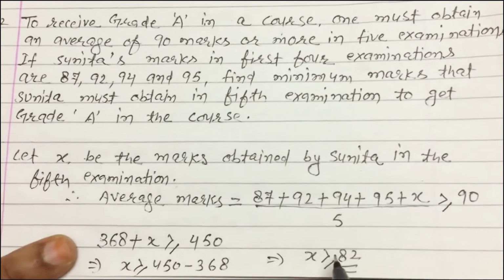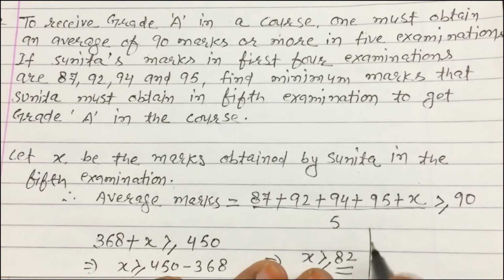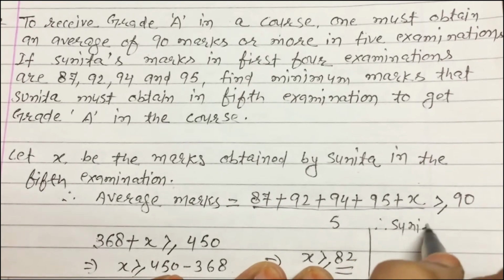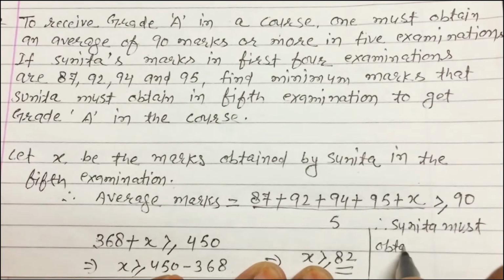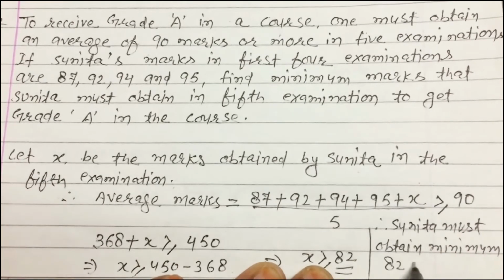In the last step you have to write that Sunita must obtain a minimum of 82 marks.